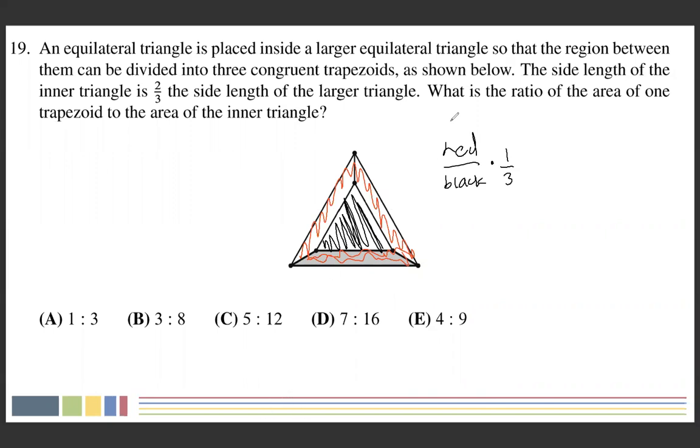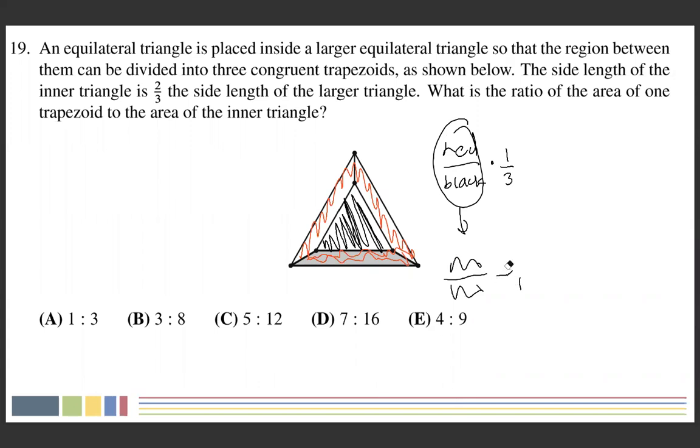So now our goal just becomes finding what this ratio is, but this ratio isn't too hard to find because it is just equal to the ratio of the bigger triangle to the smaller triangle minus 1, right?